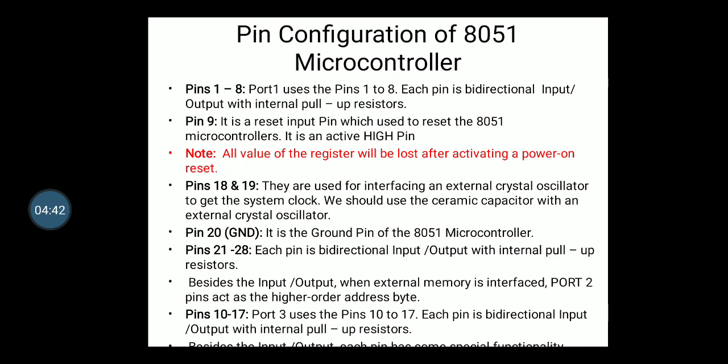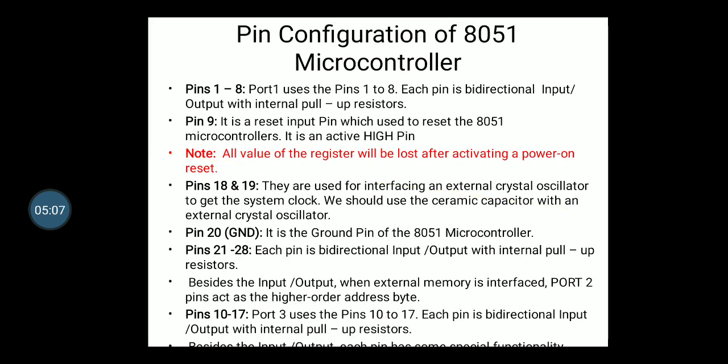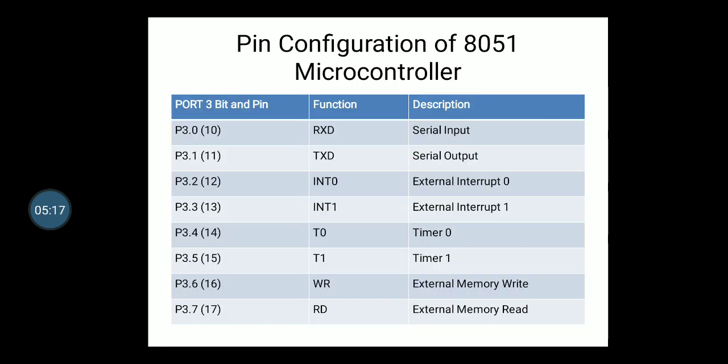As I told you, the address bus has a total of 16 pins, and the higher order, that is from 9 to 16, we use port 2. Pin number 10 to 17, port 3 uses pins 10 to 17. Each pin is bidirectional input output with internal pull-up resistor. Besides the input output, port 3 also has some alternate functions which will be seen.